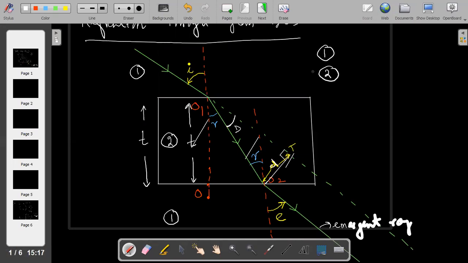Applying Snell's law for the refraction of light from medium 1 to 2.